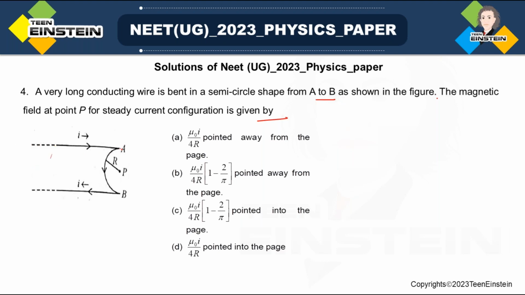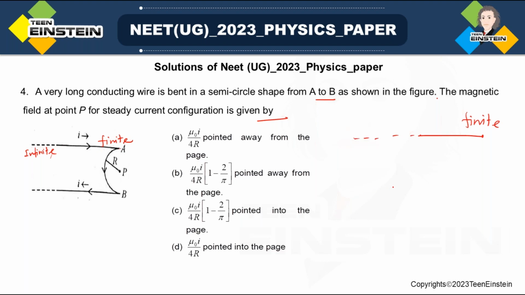So this wire is semi-infinite. See, one side is infinite, another side is finite. So this side is finite up to A, and this side is actually infinite as the dot says here.